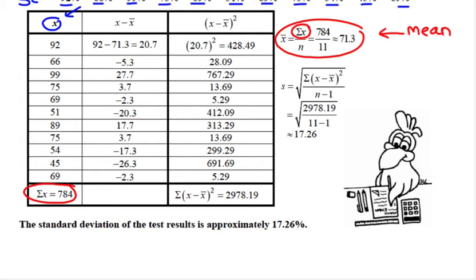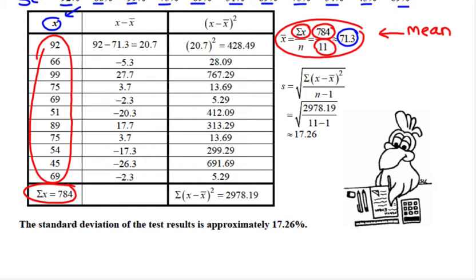You added all those numbers up. So that's 784. And then you divided by 11. Why did you divide by 11? There was 11 scores. So your mean is 71.3. That's your average score.